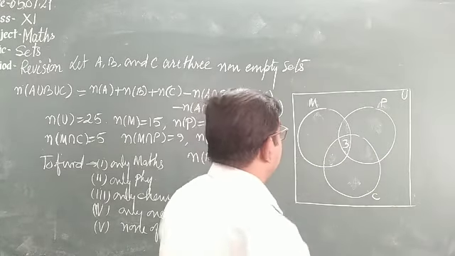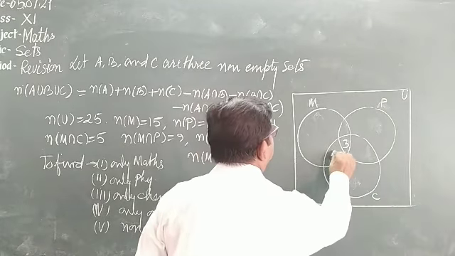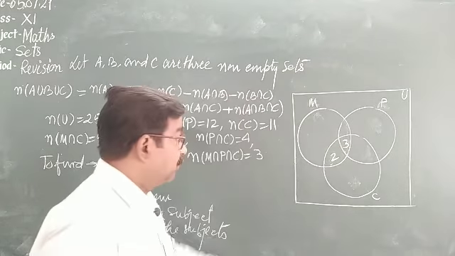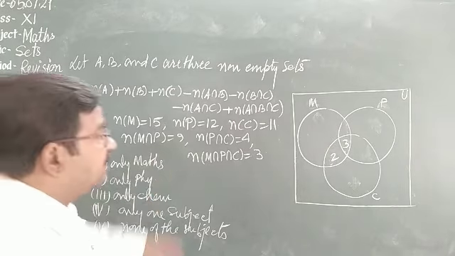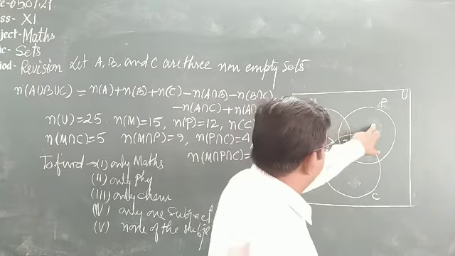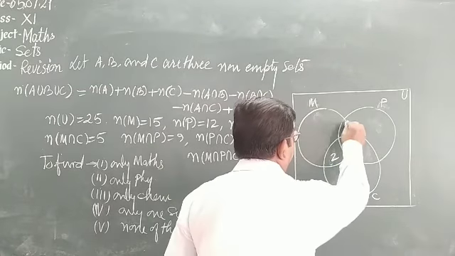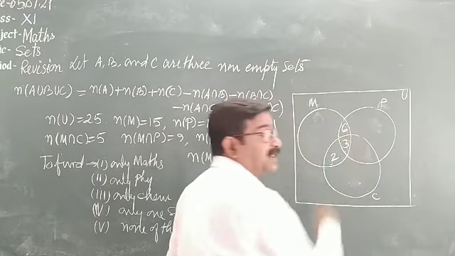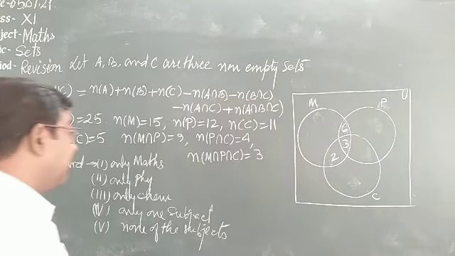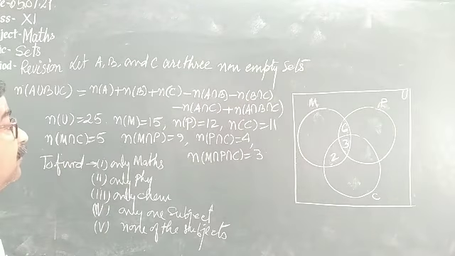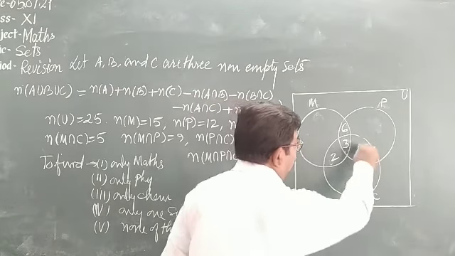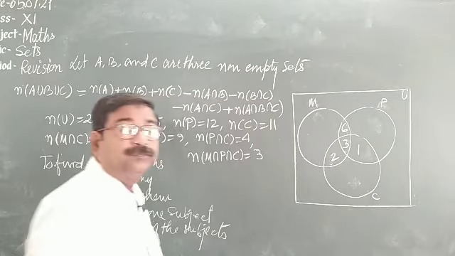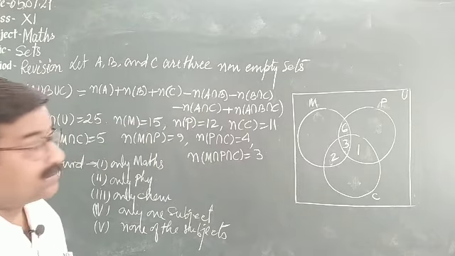So what is left here? 2, because the total is 5. After that math and physics is 9, so what is left here? 6, because 3 plus 6 is 9. And physics and chemistry is 4, so 3 is already taken and this one is 1.